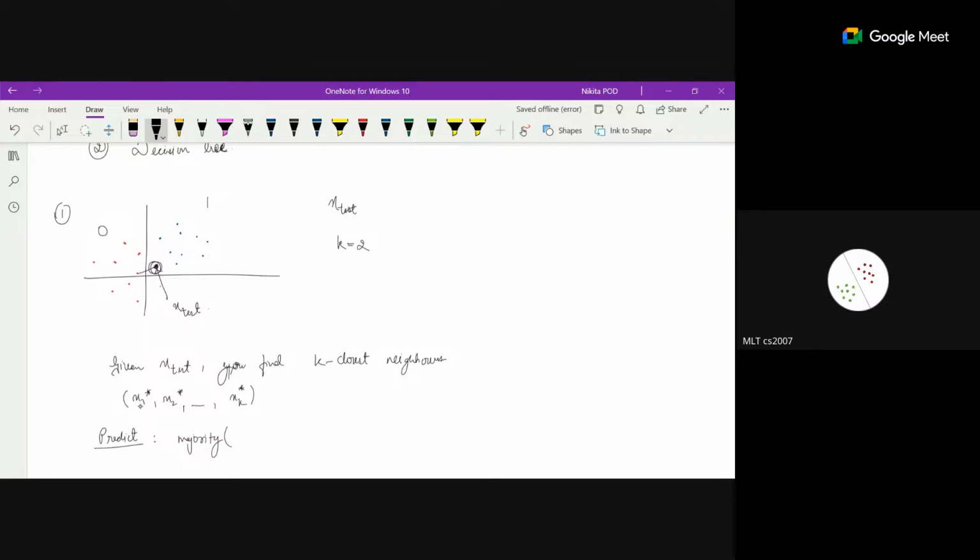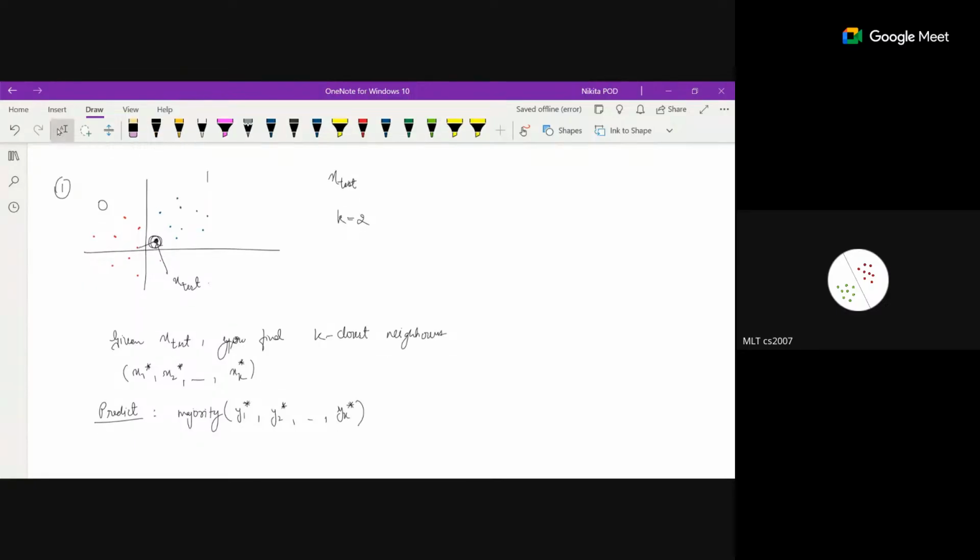Corresponding to x1 star, you will have the label y1 star. Corresponding to x2 star, you will have the label y2 star. Similarly, corresponding to feature xk star, you will have the label yk star. Whatever the majority is, that is the label you are going to assign to your X test, right?